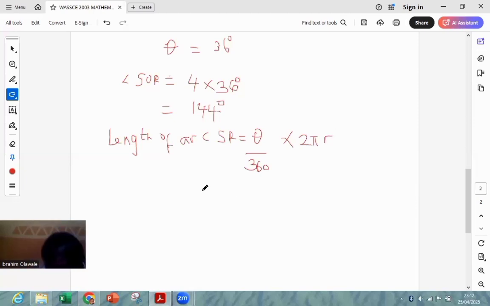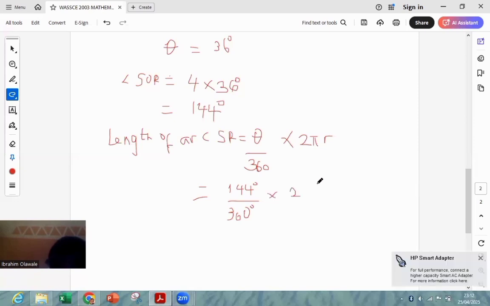So our theta now will be 144 degrees because it is arc SR that is subtended at 4 theta at the center, divided by 360 times 2 pi r.